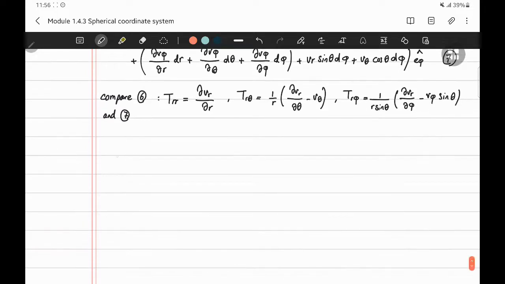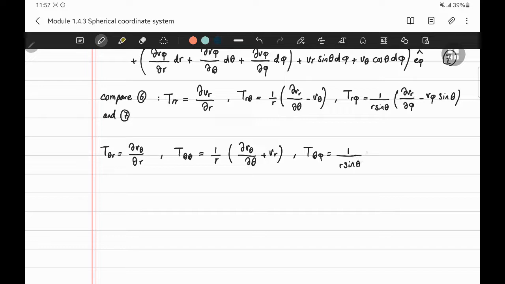Then I have T_theta r, the partial derivative of v_theta with respect to r. Then T_theta theta is equal to 1 divided by r times the partial derivative of v_theta with respect to theta plus v_r. And then T_theta phi is 1 divided by r sine theta times the partial derivative of v_theta with respect to phi minus v_phi cosine theta.